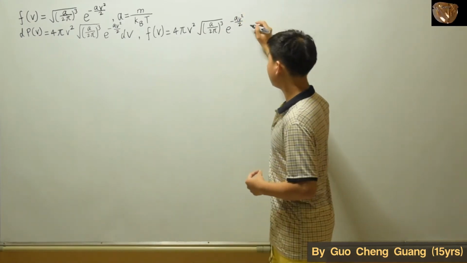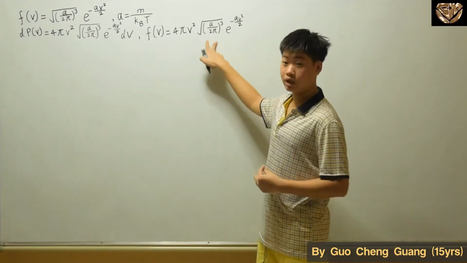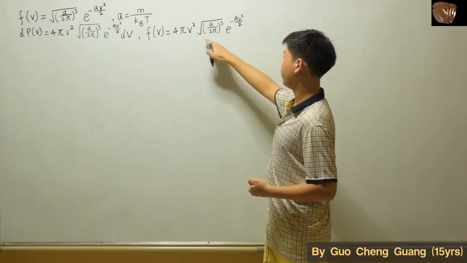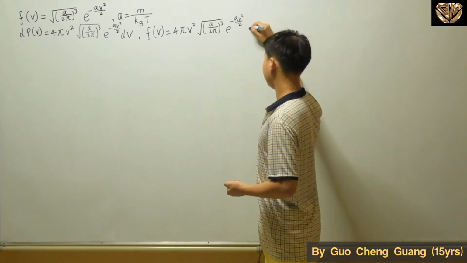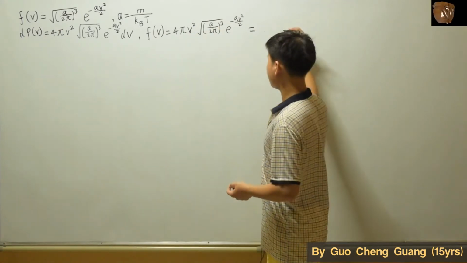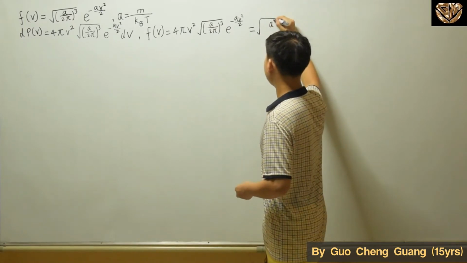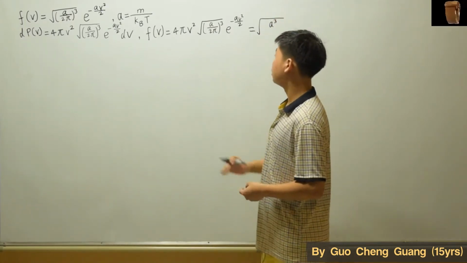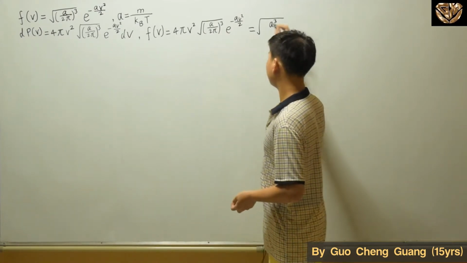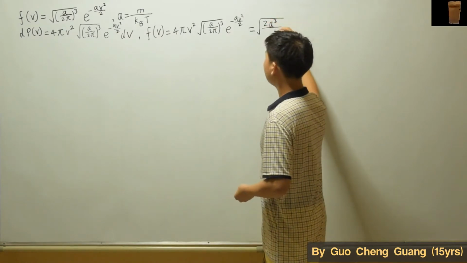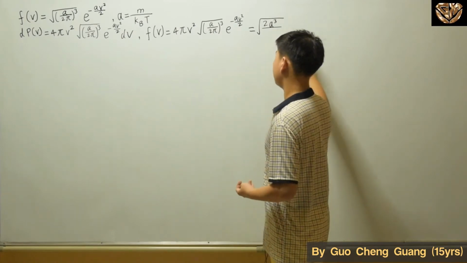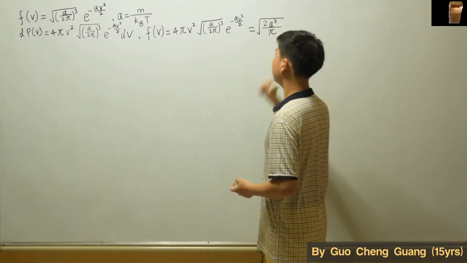Or you can also combine these two parts, where you have pi divided by pi, and 4 divided by 2 to the power of 3 over 2. a you don't have anywhere else, so you're still going to have a cubed inside your square root. 4 is just 2 to the power of 4 over 2 minus 3 over 2, which gives you 2, and pi is just to the power of 2 over 2, which is just over pi.